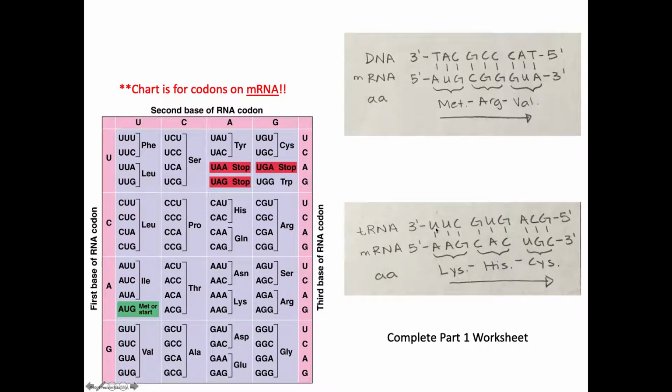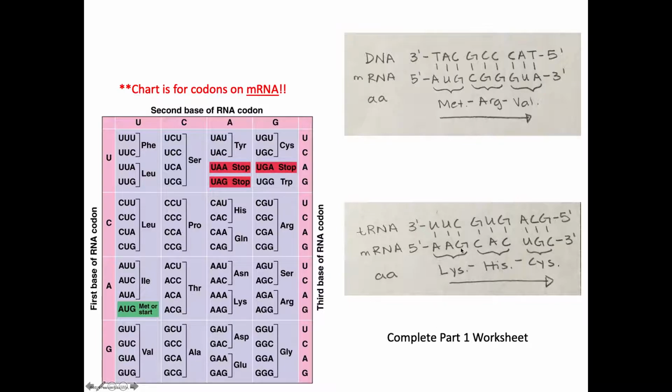And then from there, we use the same base pairing rule. So what will base pair with uracil? Adenine, and then here guanine, etc., etc. And then since our tRNA ends in the 5' direction, our mRNA has to end in the 3' direction, anti-parallel. So now we have our mRNA sequence, and we can use this chart to find our amino acid sequence.